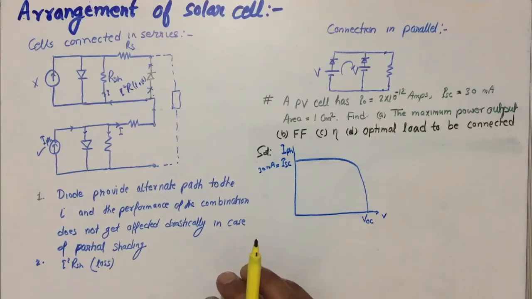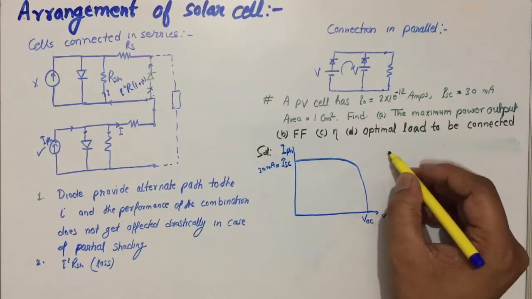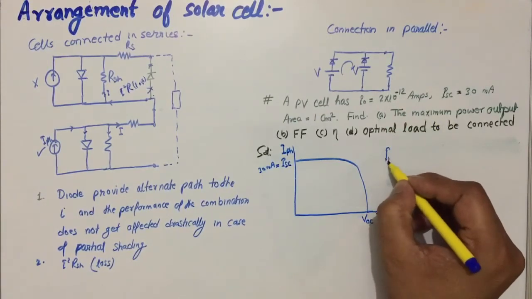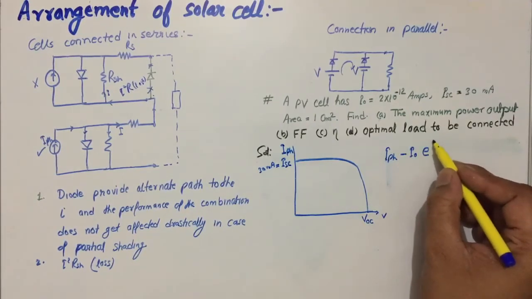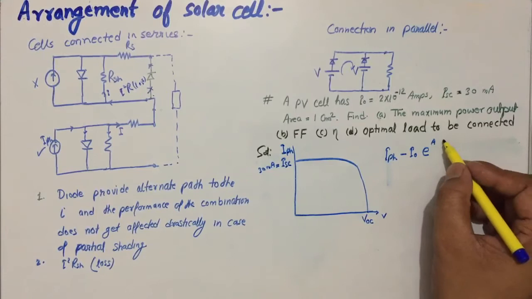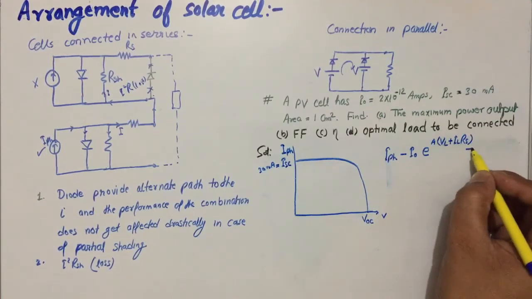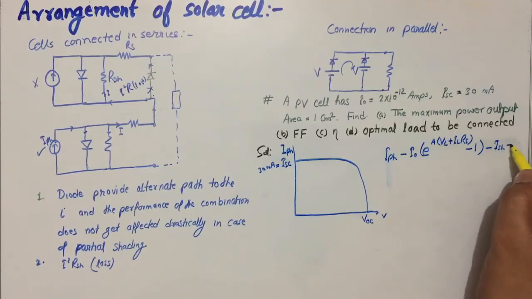the photon current, I naught, IL and terminal voltage, that is V. If we remember, then it was I photon minus I naught, e to the power, if I am right, A (VL plus IL RS), minus 1, minus I shunt is equal to IL.